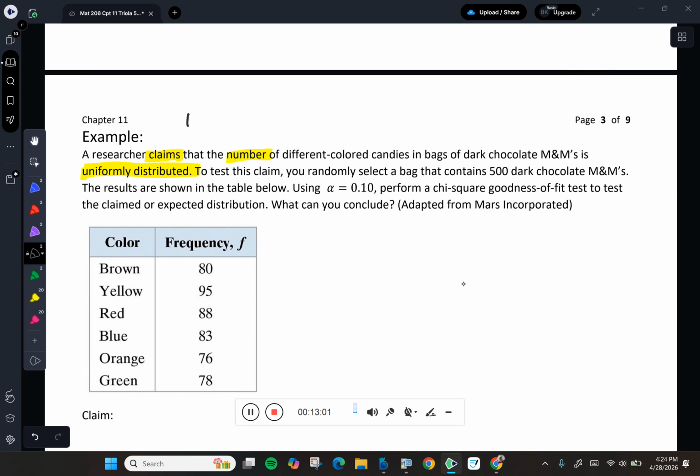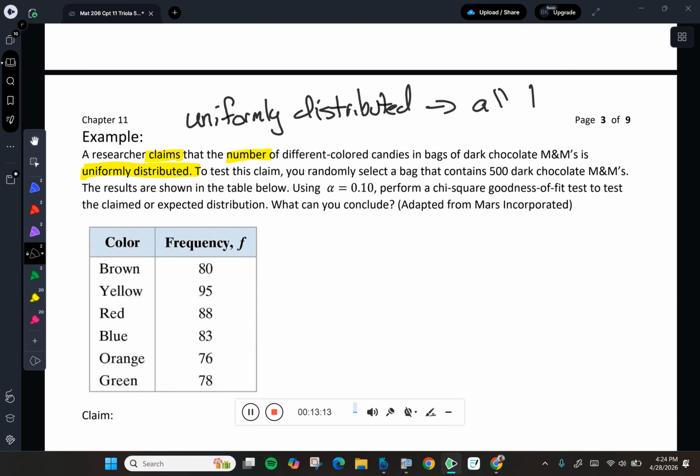Well, uniformly distributed, that means they are all the same. What do I mean by all the same? It means that all the colors, the brown, the yellow, the red, the blue, the orange, and the green, should all show up with the exact same frequency. That's what uniformly distributed means. Uniformly distributed means the expected frequencies should all be the same.